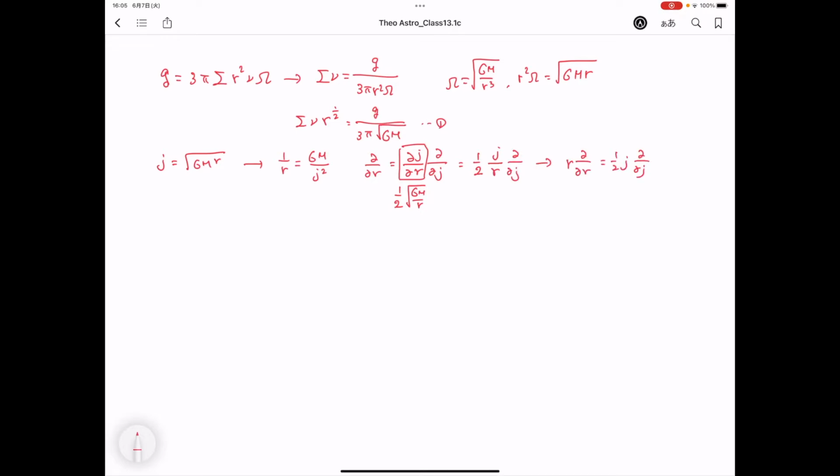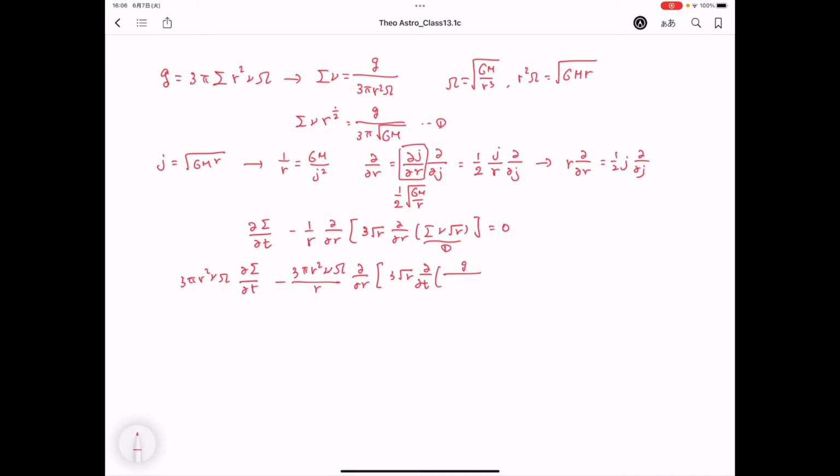Then we'd like to change the basic equation for the evolution of the protoplanetary disk. We multiply 3 pi r squared nu omega on both sides of the equation. Then it becomes G over 3 pi square root of GM times partial G partial t. Converting r using the relation above, it becomes minus 3/2 nu omega j partial j to the 1/2 partial j equals 0.